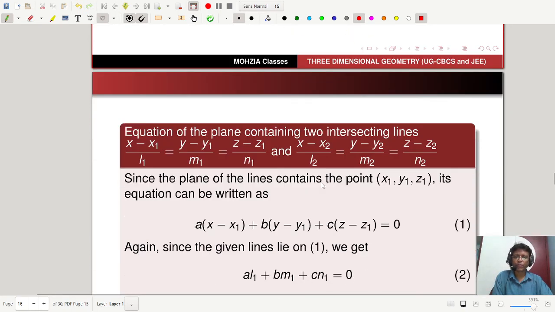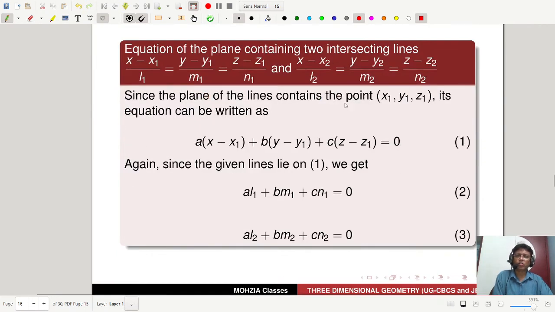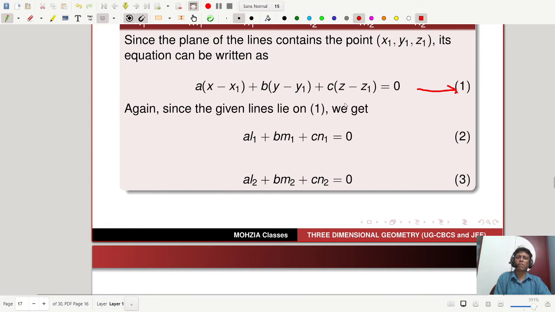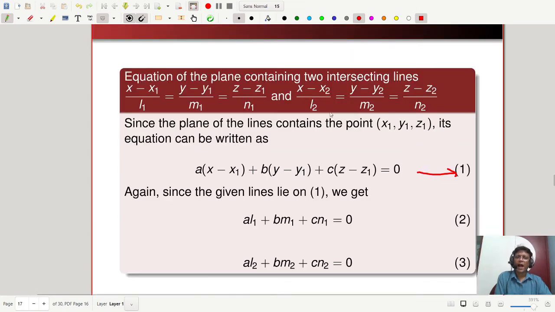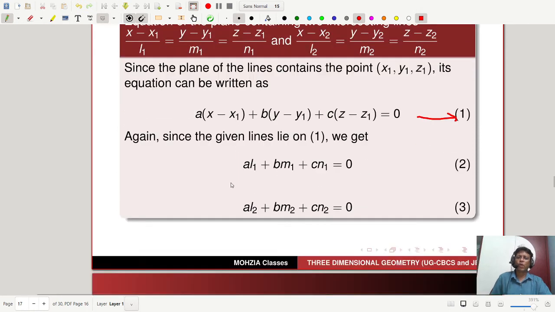So the equation of the plane passing through the first point x1, y1, z1 is given by equation 1: a(x minus x1) plus b(y minus y1) plus c(z minus z1). And since these two lines lie on a plane, you have these two conditions: a l1 plus b m1 plus c n1 equal to 0, and similarly the second condition.